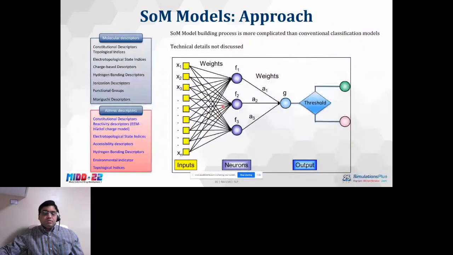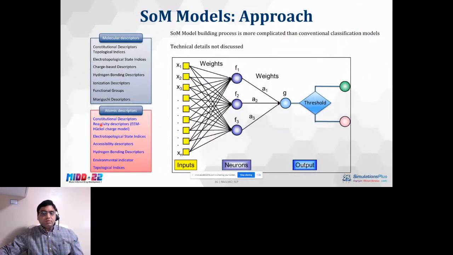When we are building the sites of metabolism model, we add the atomic descriptors as well. Some of these descriptors are calculated by using quantum chemical calculations and running them through our machine learning methods.